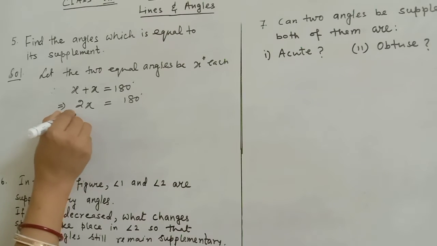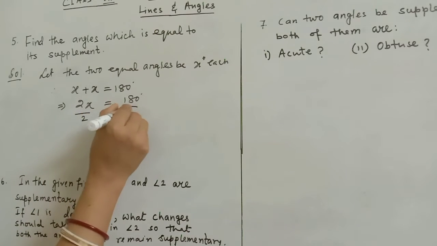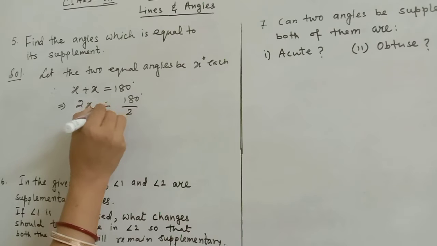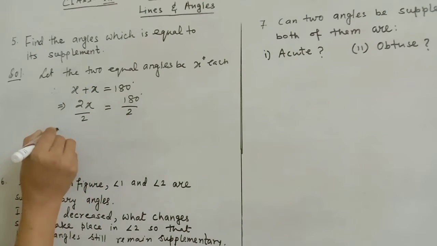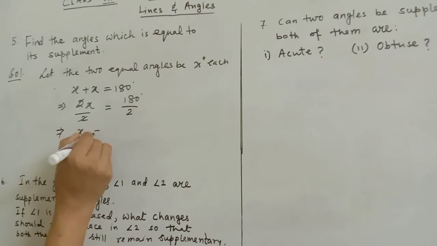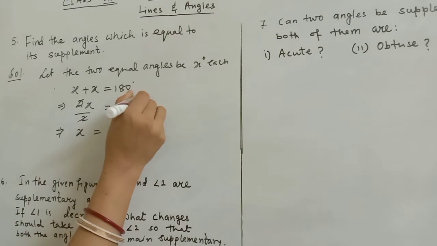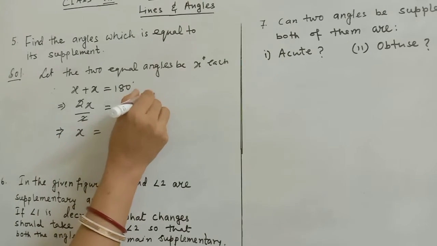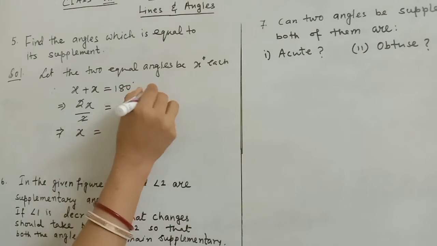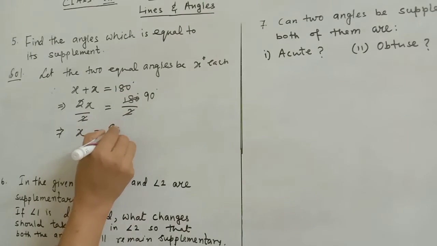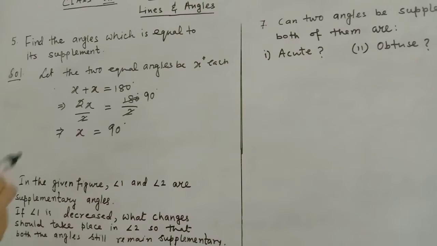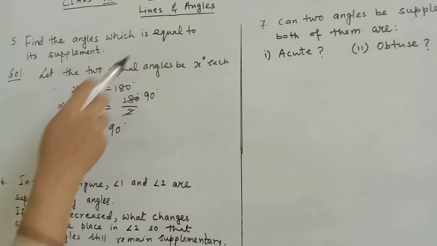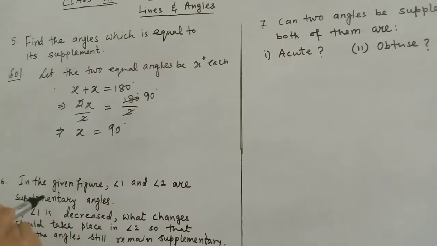Dividing both sides by 2, the 2 cancels. Therefore x is equal to 180 divided by 2, which is 90. So x is equal to 90 degrees. So if the supplementary angles are equal, then their measurement will be 90 degrees.